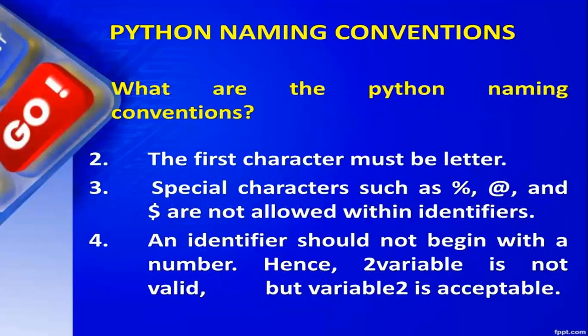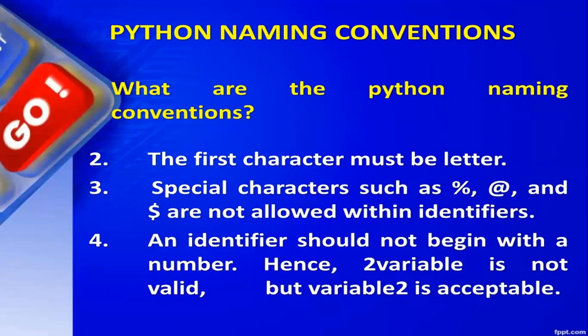So what are the rules that you must follow? The first one you all already know. Second one, the first character must be a letter. Always remember, the first character of the name that you give your variable or a function or a module should be a letter.